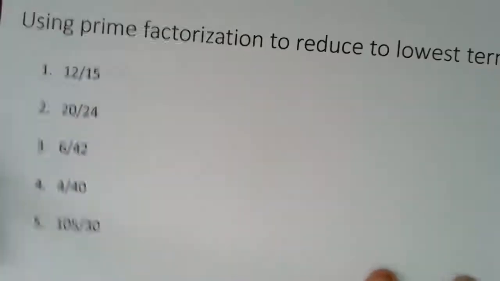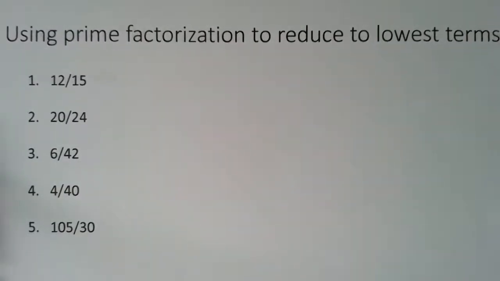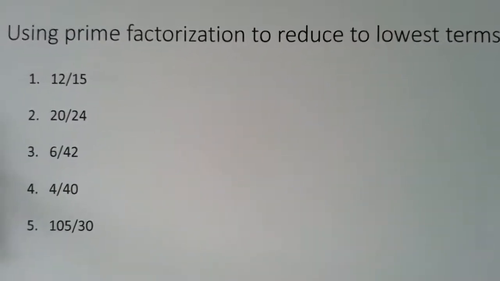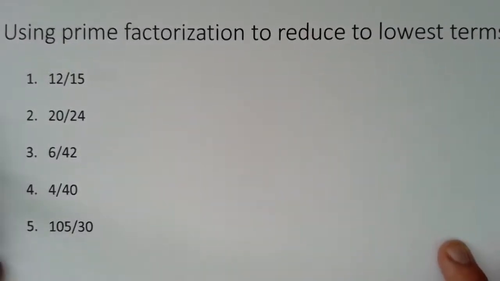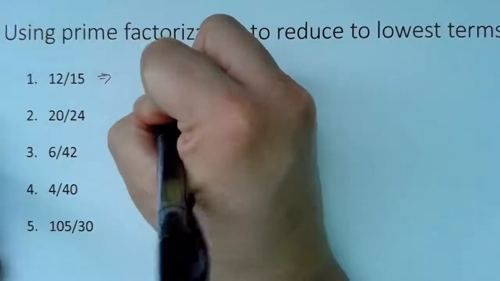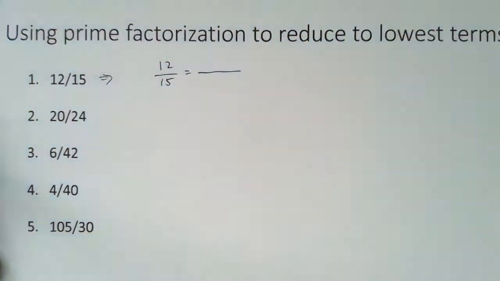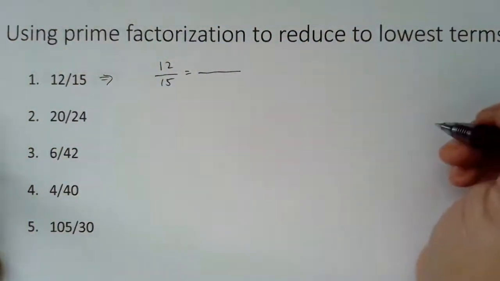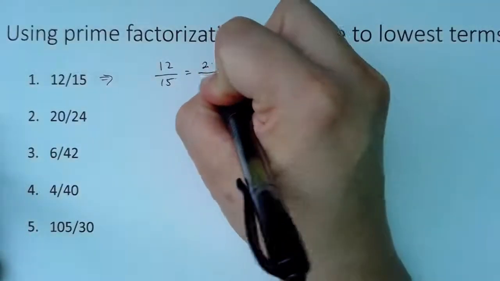So now, the cool thing about understanding prime factorization is we can use that to reduce fractions into lowest terms instead of just guessing or figuring out what divides into top and bottom. So let's say here I have 12/15. I'm going to rewrite that along the top. The factors of 12 in primes: it's 4 times 3, so it's 2 times 2 times 3.